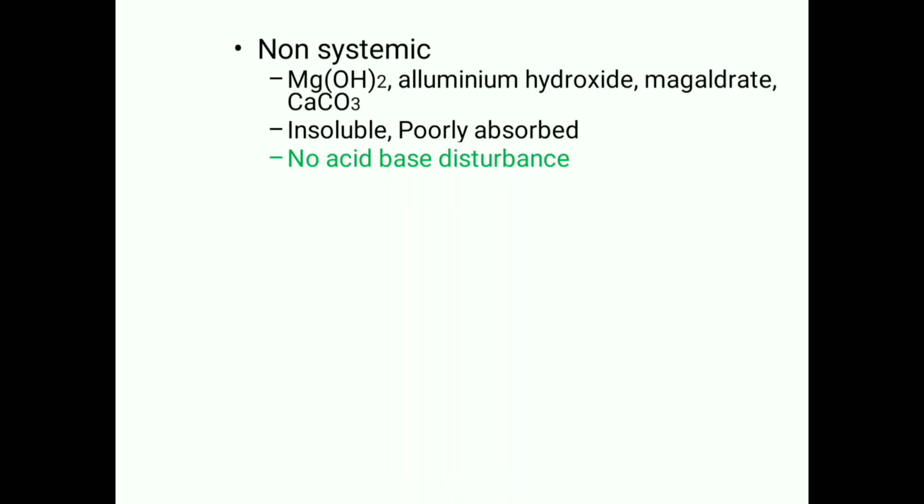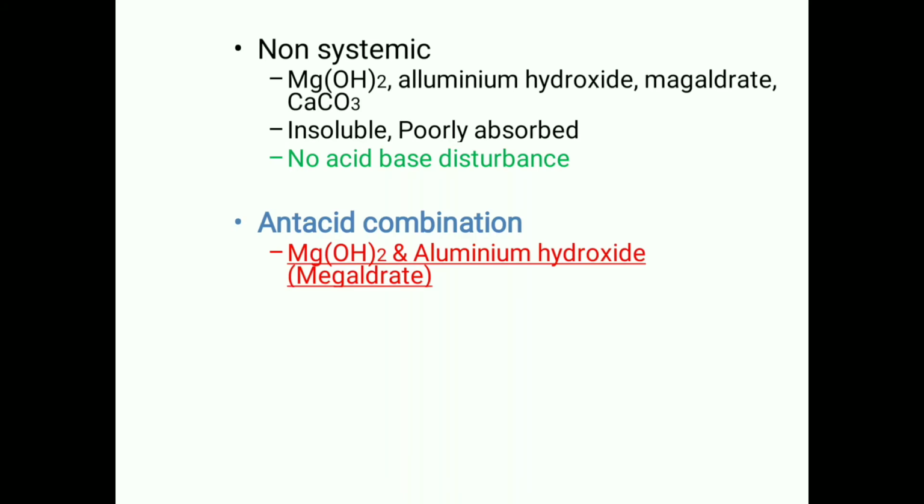So if they are not systemically absorbed, there will be no acid-base disturbances like alkalosis. But usually clinically we go for a combination of antacids. We usually combine magnesium salts with aluminum salts. That combination is known as Magaldrate. It contains magnesium hydroxide and aluminum hydroxide.